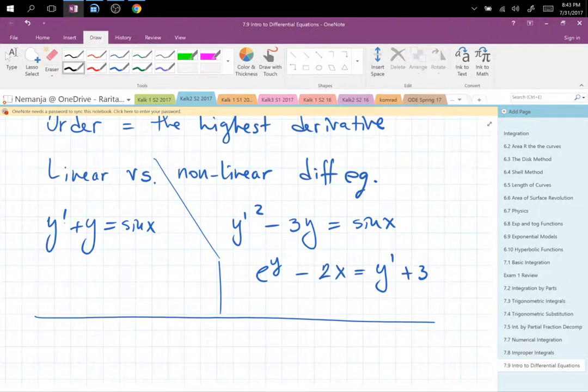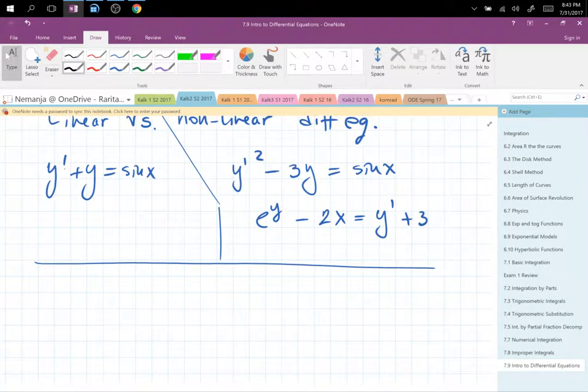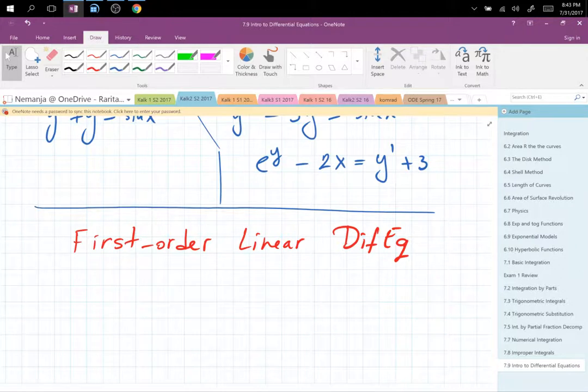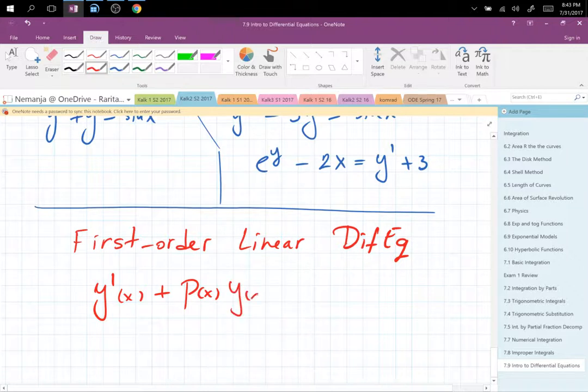So that's what I have on classification. Now I am going to put the formula down for the first order, and I'm going to put this in red. First order linear differential equation. This is my abbreviation DiffEq for differential equation, and it is given as y prime of x plus some function p of x times y of x is equal to f of x on the other side.